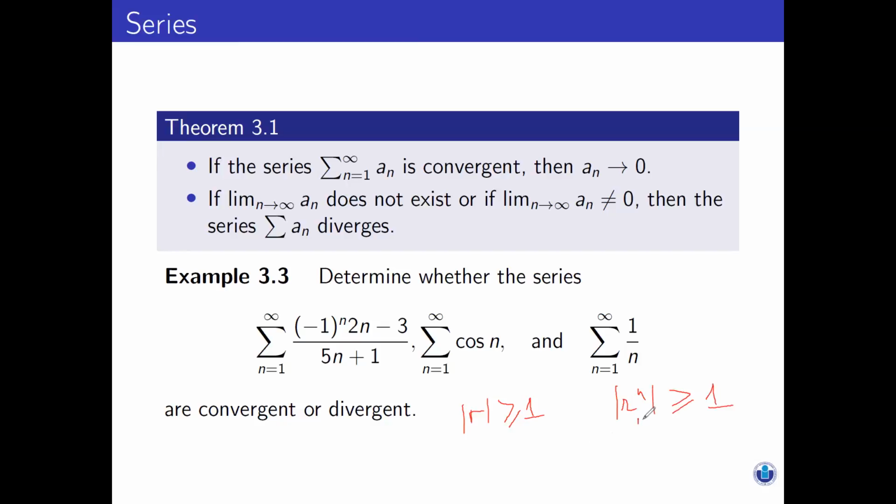So that implies that this condition does not hold, and by the second part of this theorem, this series diverges. The sum of r to the n diverges. So this is a very simple criterion that is very useful.